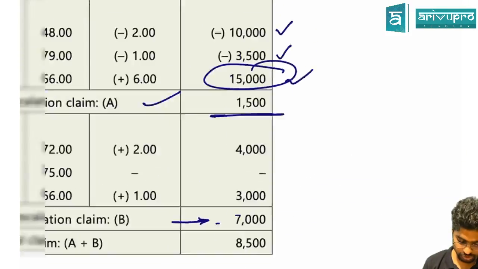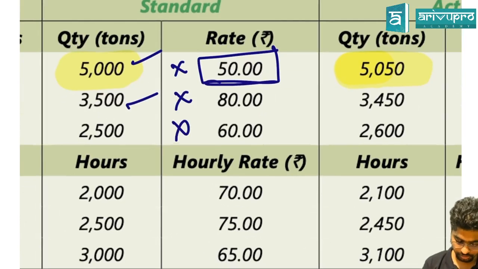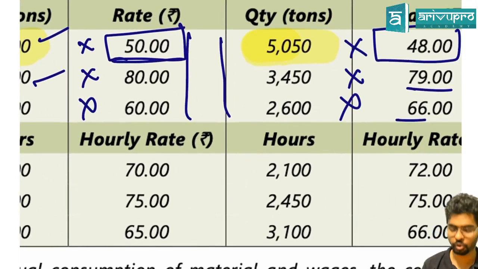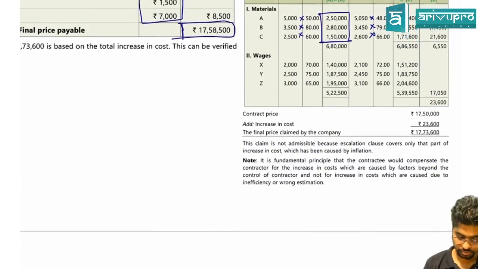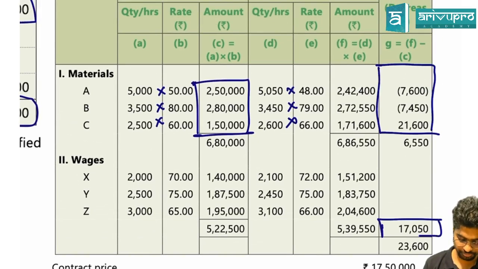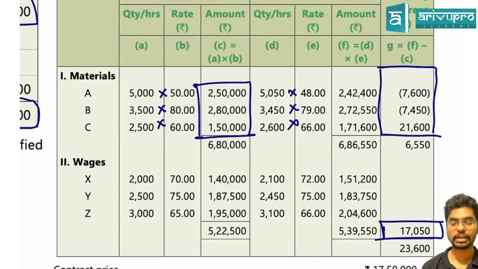Basically, we have just multiplied both and got the cost values. Once that is done, we find out the increase or the decrease for each of them. Are you all clear?